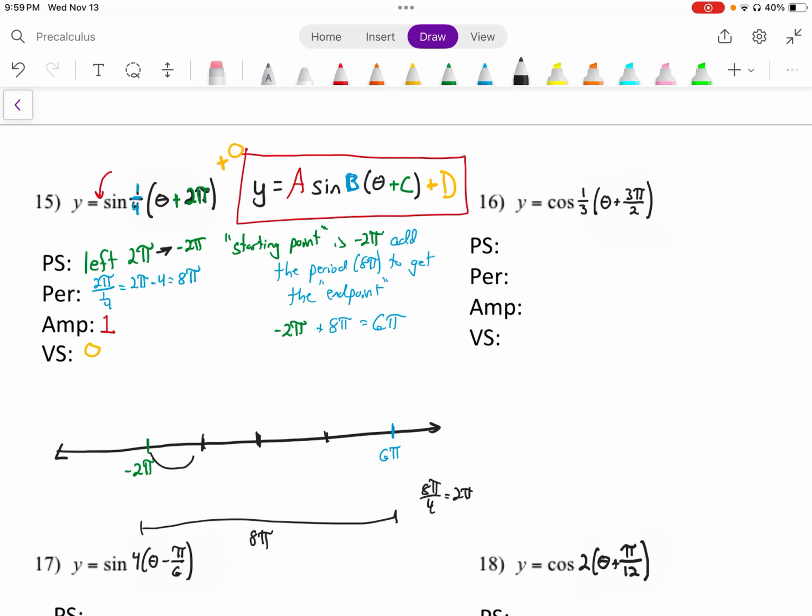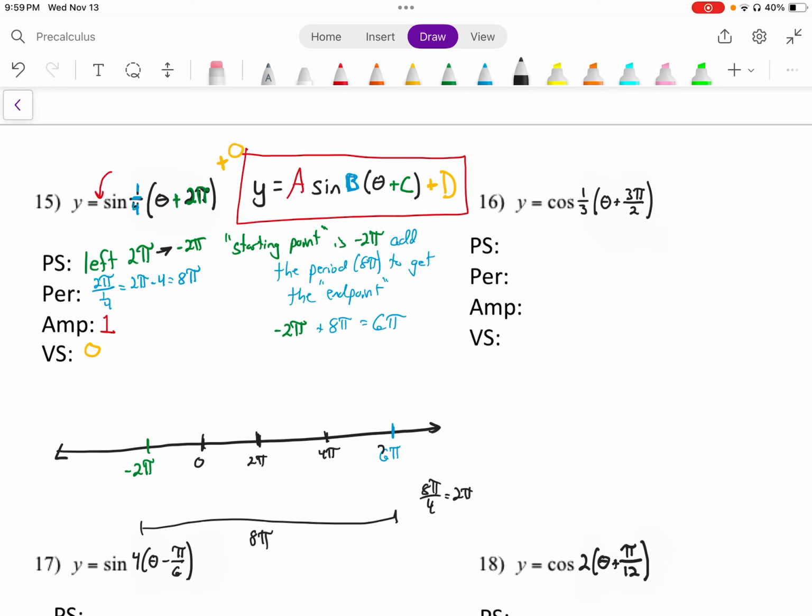Add 2 pi, you get to 0. Add 2 pi, you get to 2 pi. Add 2 pi, you get to 4 pi. Add 2 pi, you're at 6 pi. So I'll write all those in now: 0, 2 pi, 4 pi, and 6 pi.